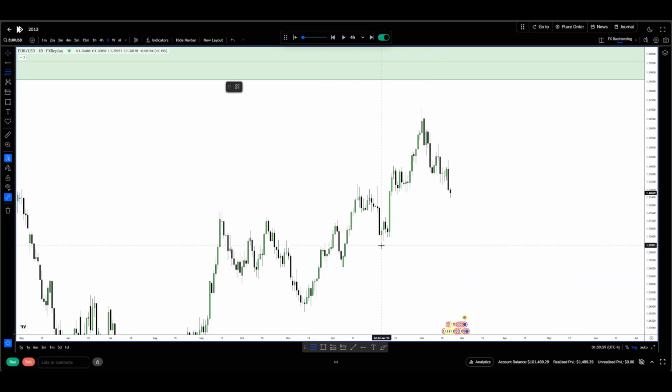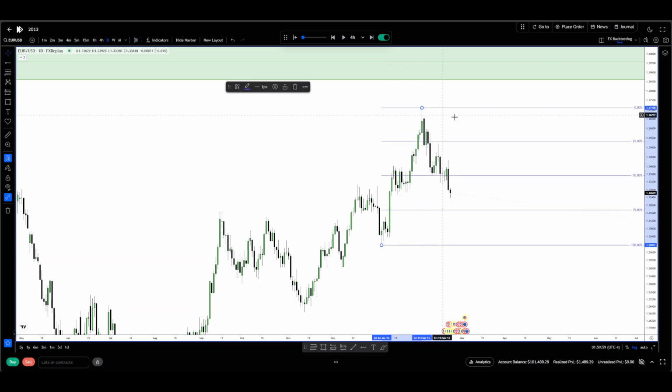And for me, we are now inside this daily dealing range. So we are now in deep discount, and we are now entering this fair value gap. It's nice. I like that the mean threshold is overlapping with the 75% level, which is confluence. So this is a bullish daily fair value gap.